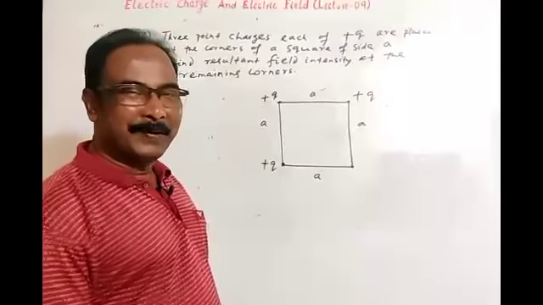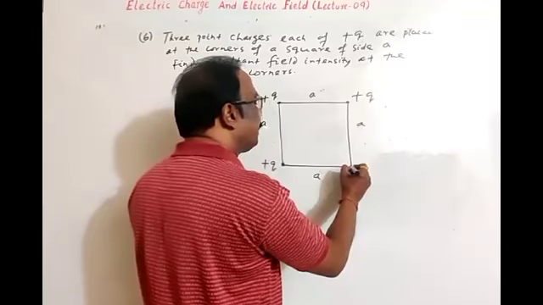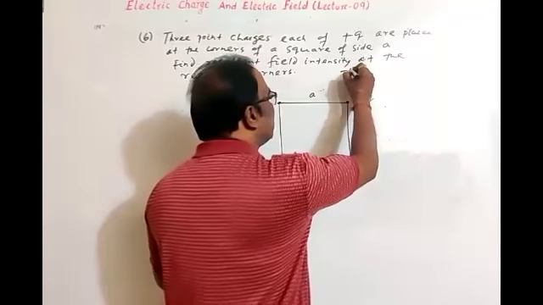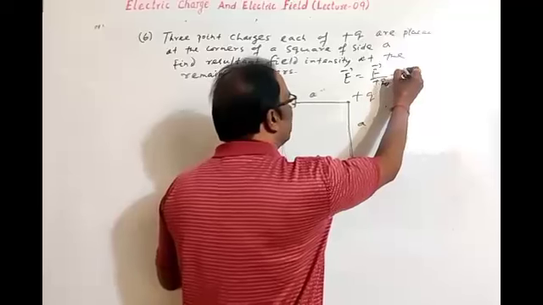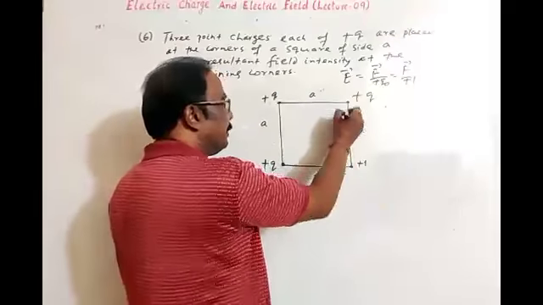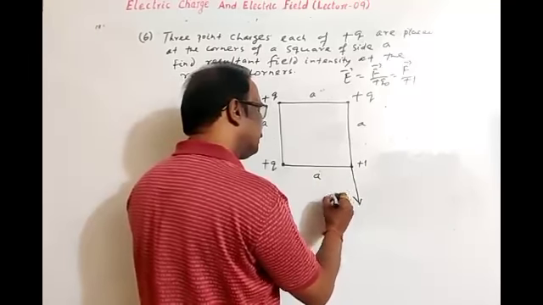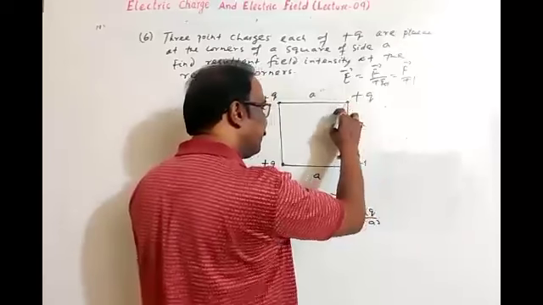Only superposition effect. Where we have to find the electric field, we have to place a unit positive charge. As we have discussed, electric field is force experienced by unit positive charge, or force divided by unit positive charge. This plus Q will repel it. Let the field intensity be E1, and the magnitude of E1 is KQ divided by the square of distance.